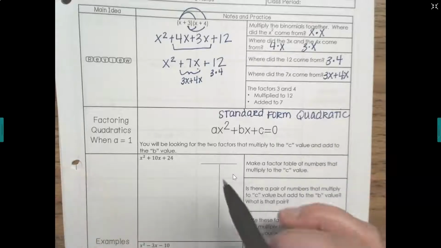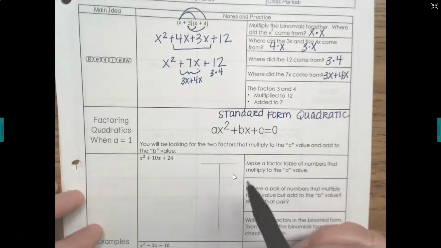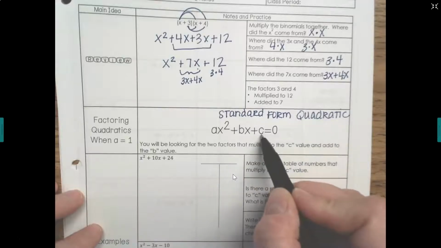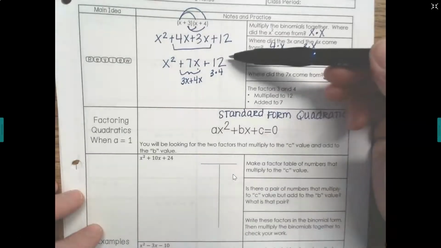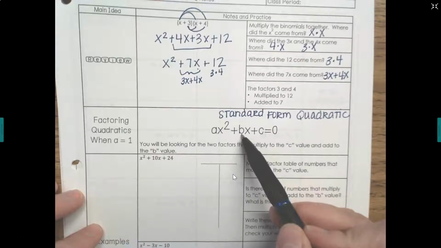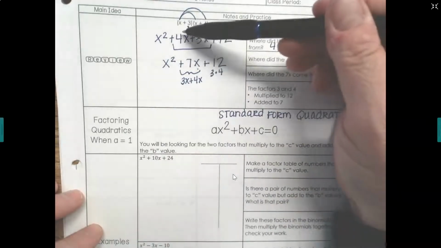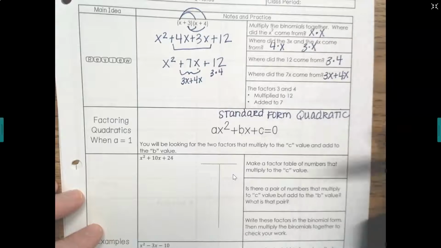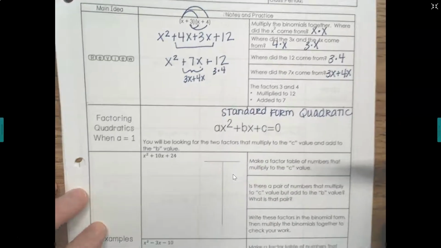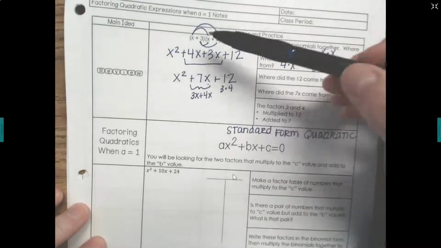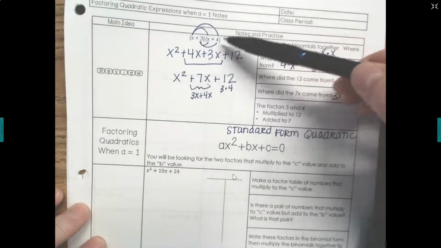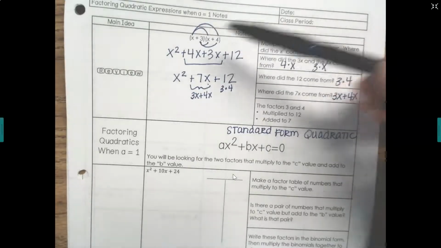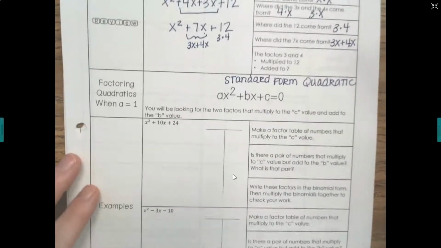Our goal today is we're going to look for two factors that multiply to the c value, just like we did here, but add to whatever b is, just like we did here. So we had 3 plus 4 was 7, and 3 times 4 is 12. That's our whole goal for today. And then we're going to write this in this binomial form like we started from. So we're undistributing and rewriting in this binomial form.